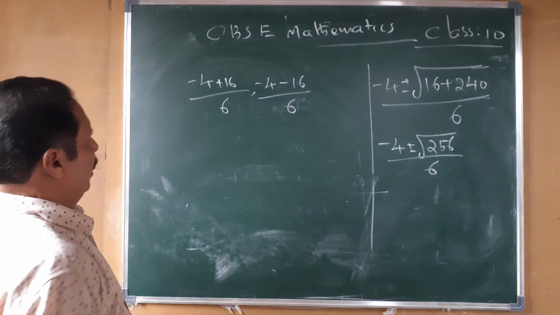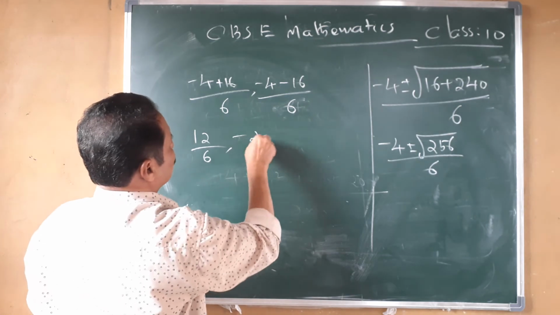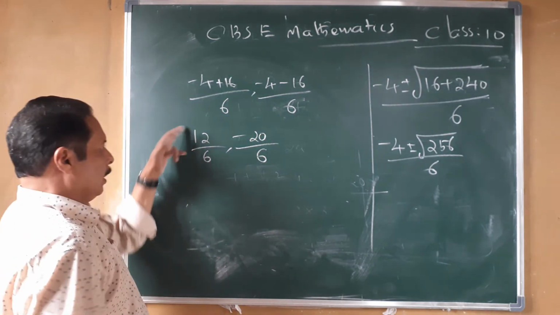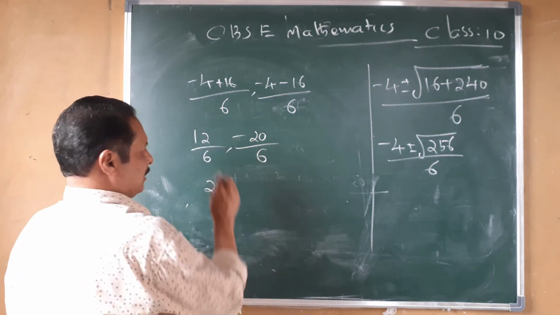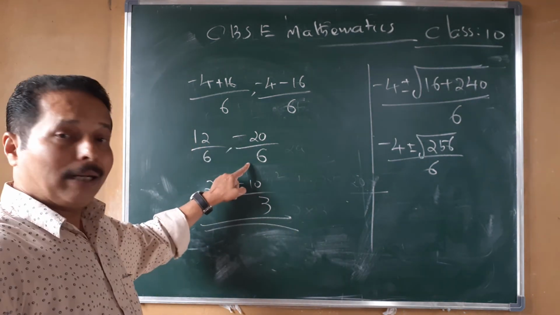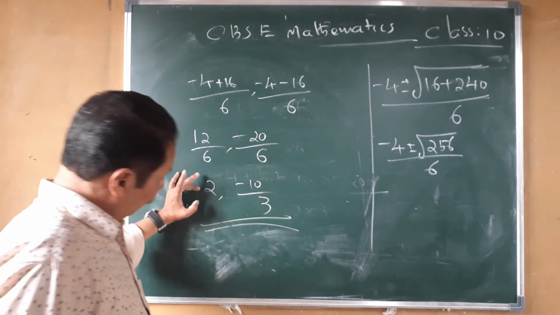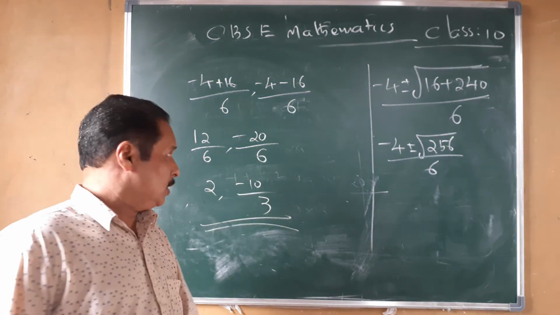Is it clear? And here you get 12 by 6, and that is minus 20 by 6. It is exactly divisible by 2 and that number is minus 10 by 3. One value is 2 and the other value is minus 10 by 3.